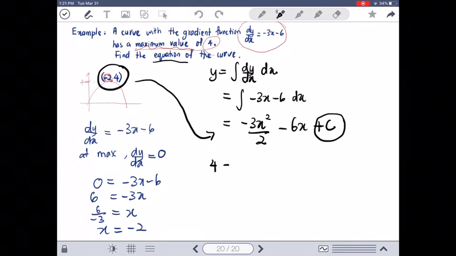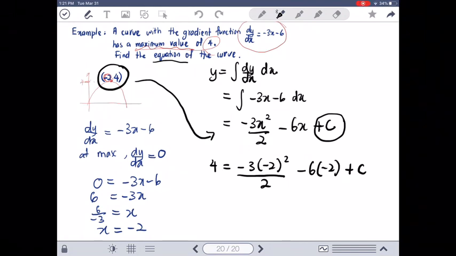So if y equals 4, then x equals negative 2, so 4 equals negative 3 times negative 2 squared over 2 minus 6 times negative 2 plus c. Just do the algebra. We will get the value of c equals negative 2.